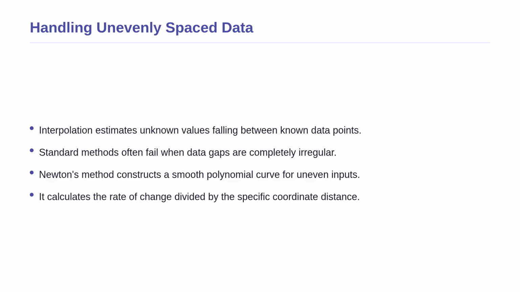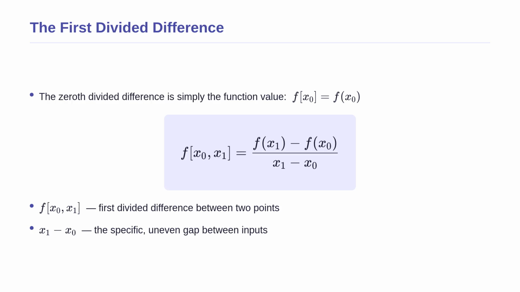Newton's divided difference is a specific technique used to construct a smooth mathematical curve, a polynomial that passes exactly through a set of given points, even when the inputs are completely irregular. It does this by calculating the rate of change or slope between points, explicitly divided by the specific distance between their coordinates.